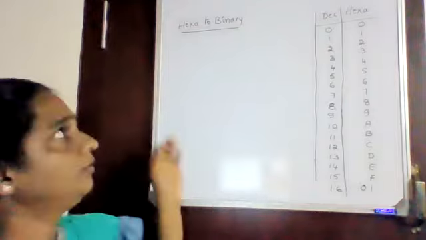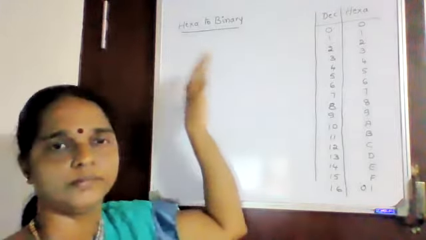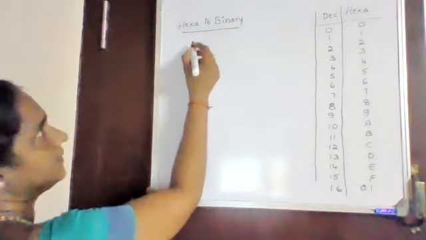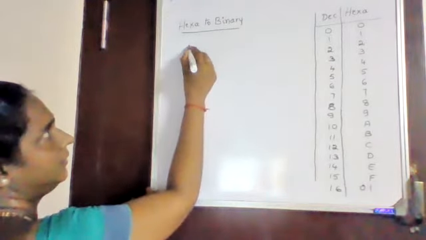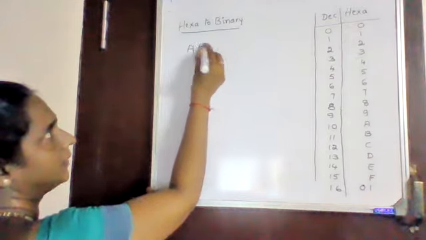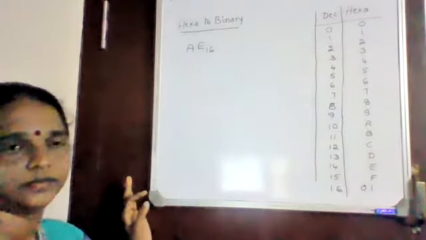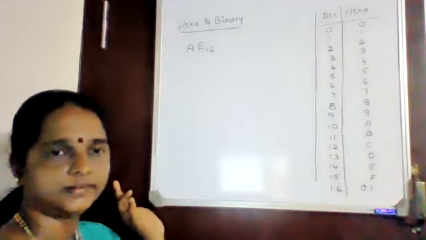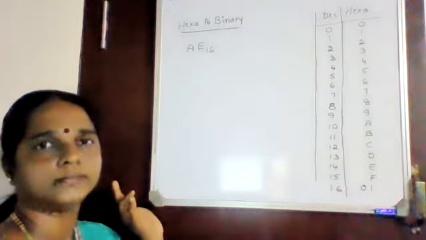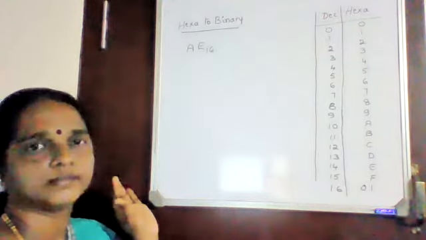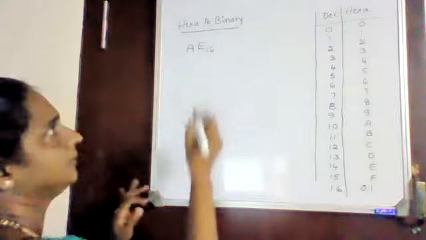Now let us see how to convert a hexa number to a binary number. Let us take one hexadecimal number A, E, which is base 16. We know binary numbers are written as base 2, octal numbers as base 8, and hexadecimal numbers as base 16.